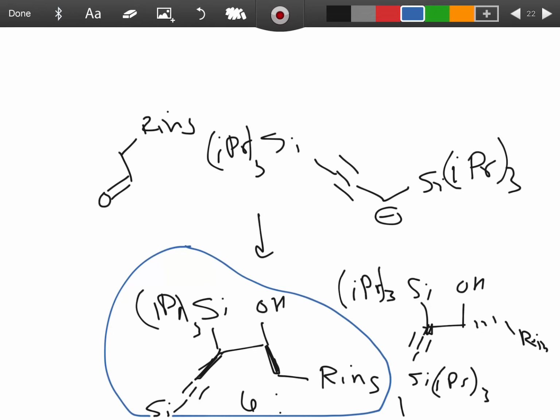We'll finish going through this example, because this is an interesting step, and then we'll finish the Tebbe reaction, and then we'll start on oxidation of olefins probably.